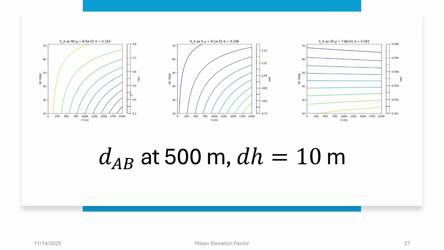And the errors here are around a millimeter in broad strokes. So a 500-meter line is more than 1,500 feet. That's a really long line.